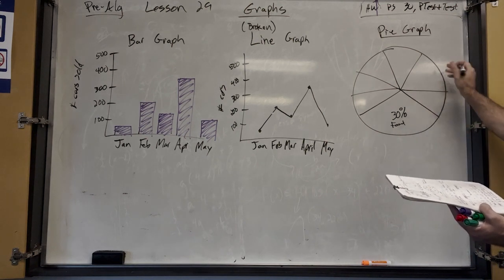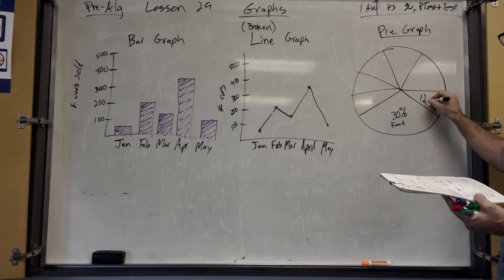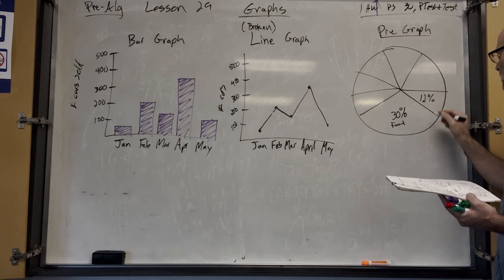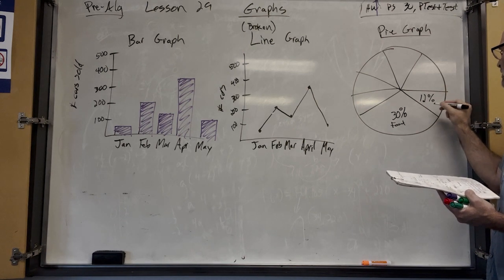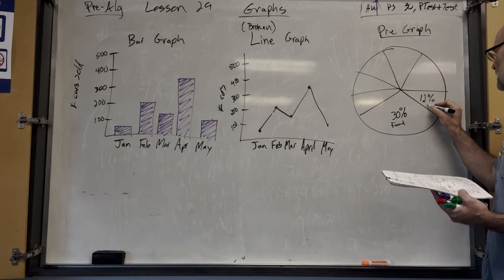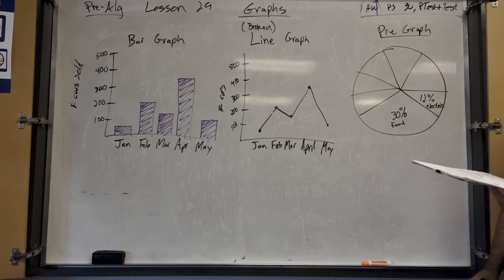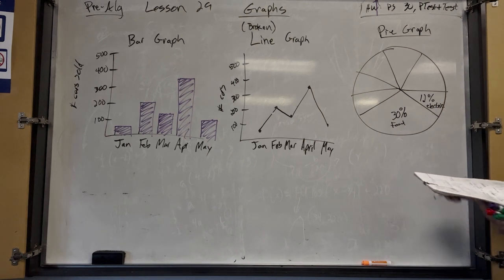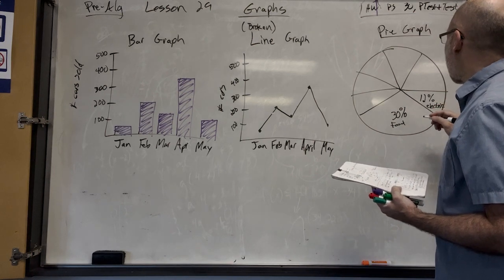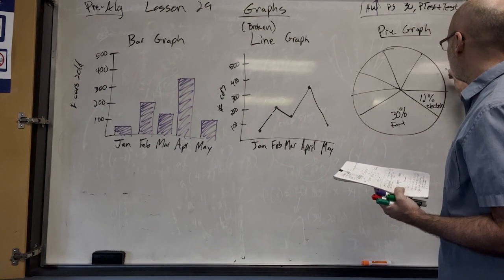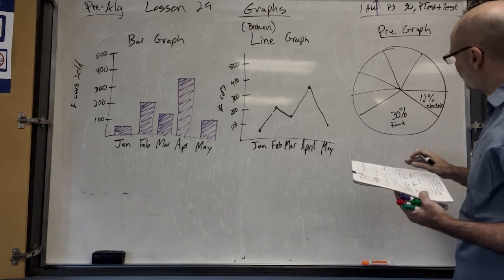And then you got, what does that look like? Maybe 12% would be on water bill or something, or electrical. What is this? Looks like about 30%.